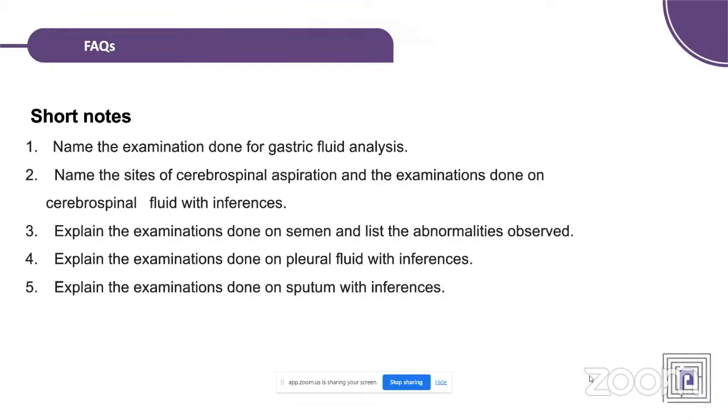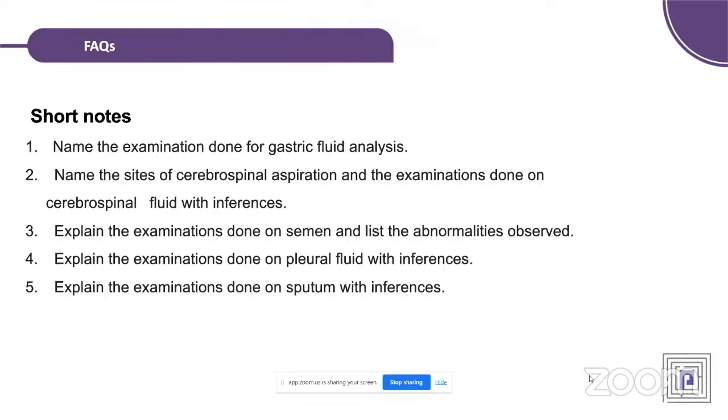So less than 15 we call oligozoospermia. And then motility of the sperms. More than 50% should be motile for normal motility. And then progressive motility.